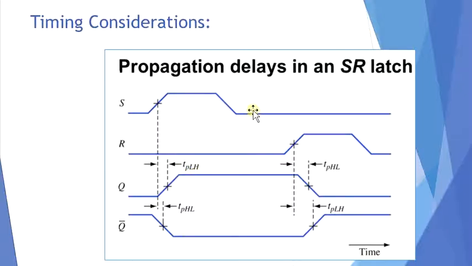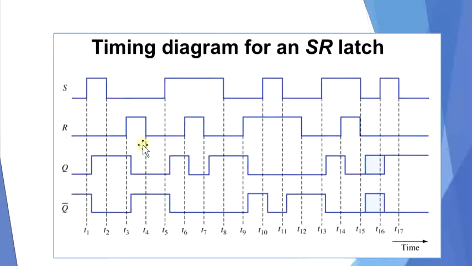For a combination of 0 1, the output is 0 1, and it continues. For simplicity, the finite slopes of the rising and the falling edges of the signals are not shown like in the previous case, and the propagation delays are assumed to be all equal.